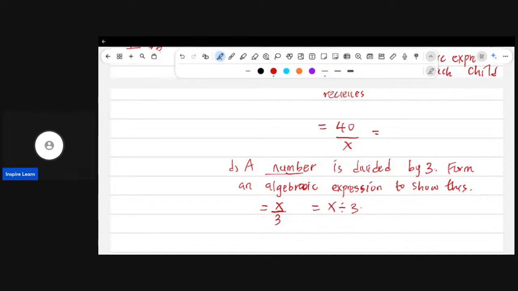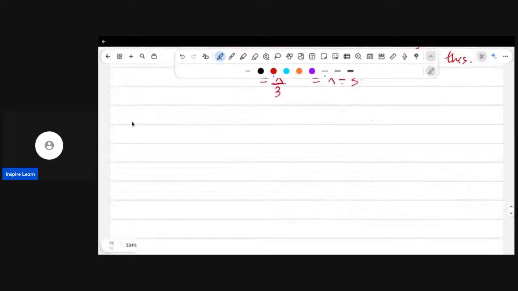I want us to do one more example on the application part of algebraic expressions. Let me see, one application question that we can do. We are told, have the exercise here.